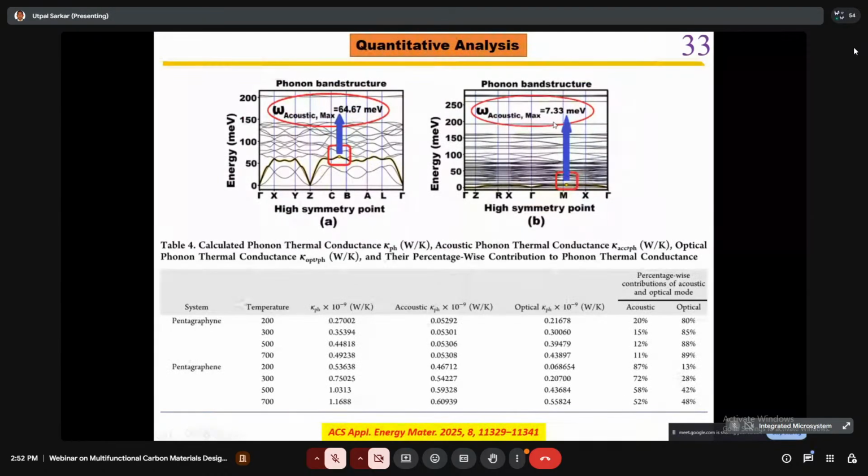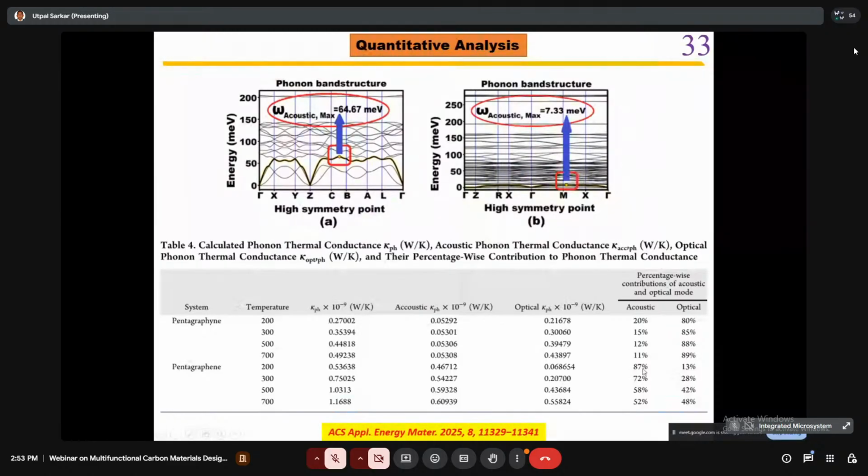And from this graph you see that this is the pentagraphene case. When you increase the temperature, we are giving the phononic part, acoustic part and optical part. Here the acoustic mode contribution is decreasing, however the optical part is increasing for pentagraphene.